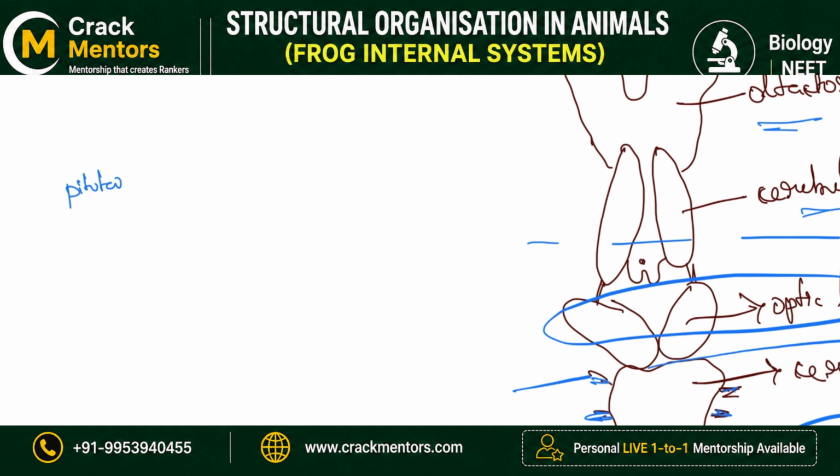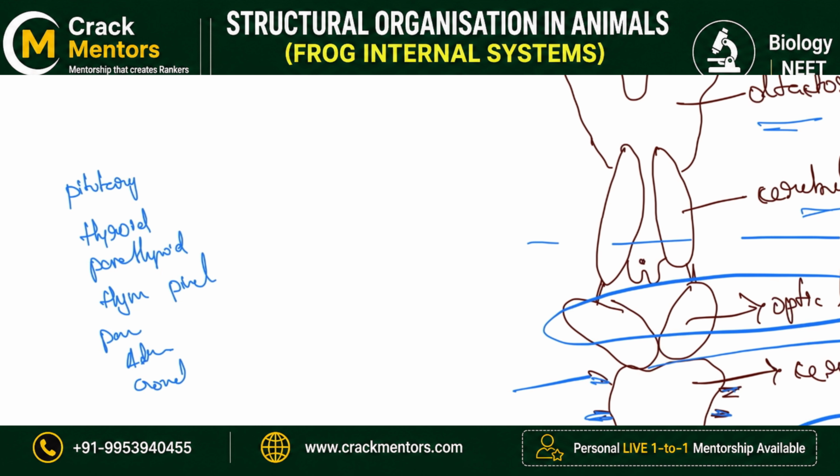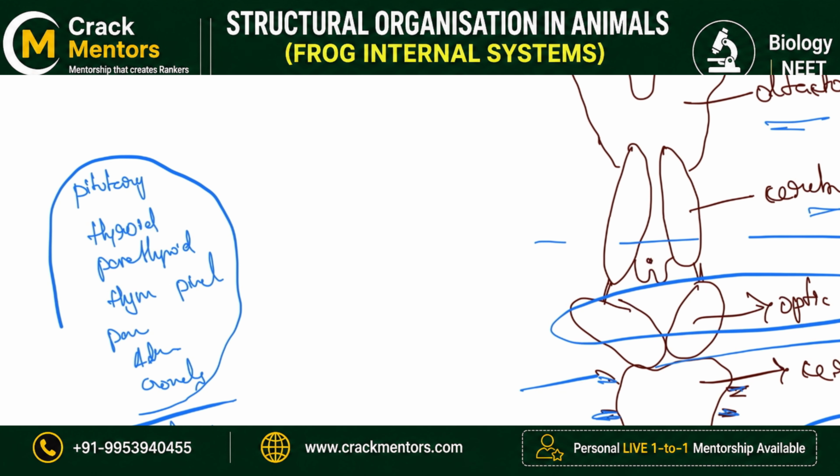Frog has a pituitary gland, thyroid gland, parathyroid gland, thymus, pineal gland, pancreas, adrenal gland and gonads. These are mostly similar to the glands in our human body. These secrete hormones and help in the chemical coordination of the body.